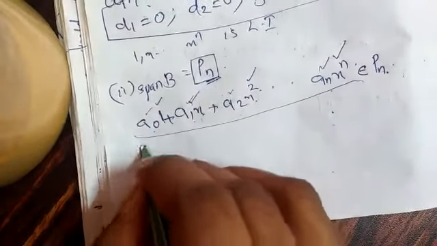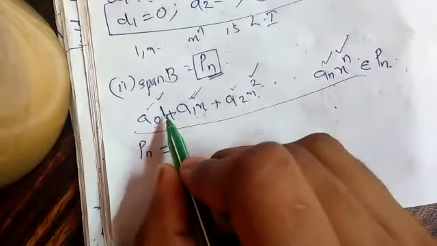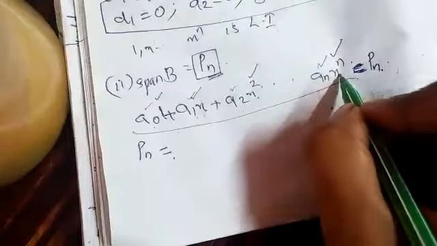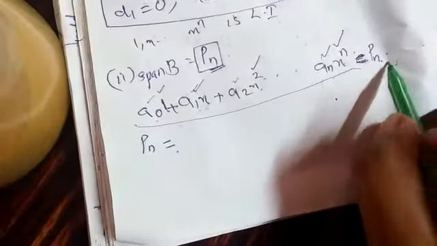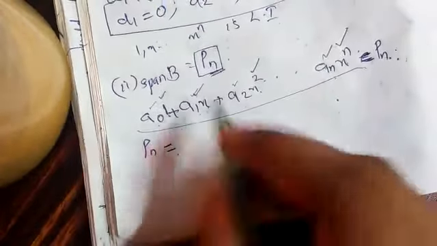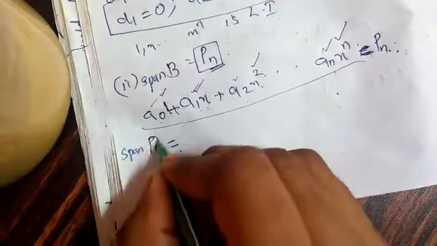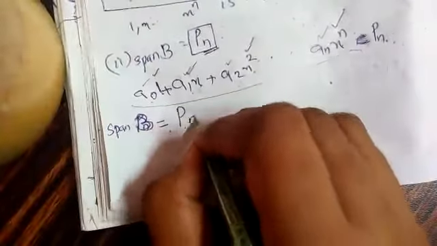Generally you take one polynomial, and it can be written as a linear combination of 1, x, etc., xⁿ. So we can say the span of B, where B is 1, x, x², etc., xⁿ, equals Pn.